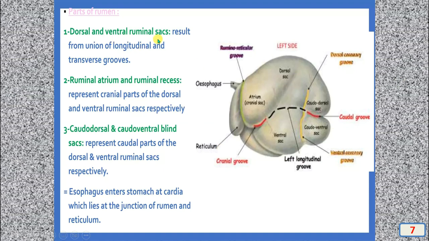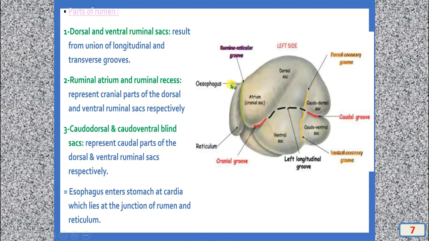And the dorsal and ventral ruminal sacs. Dorsal means above, ventral means below. So this is the ruminoreticular groove, and the ruminal atrium and ruminal recess.